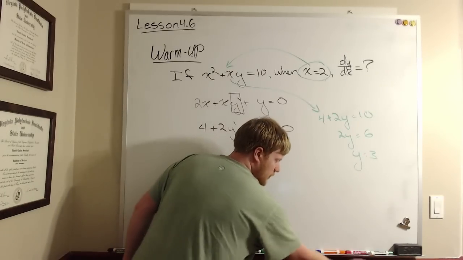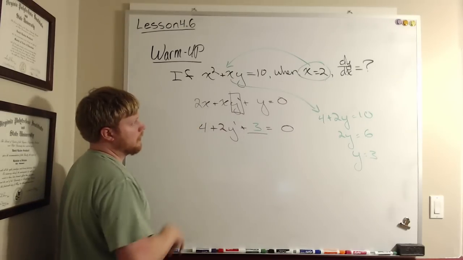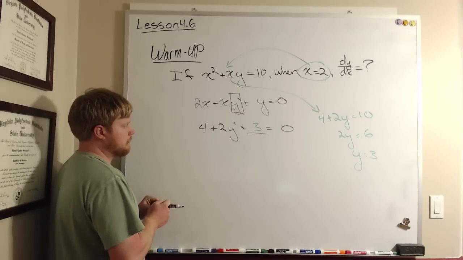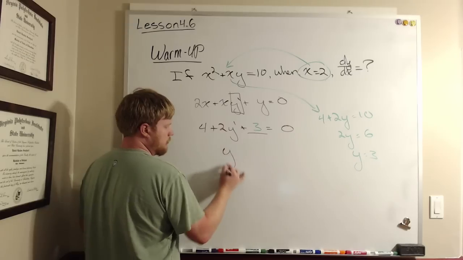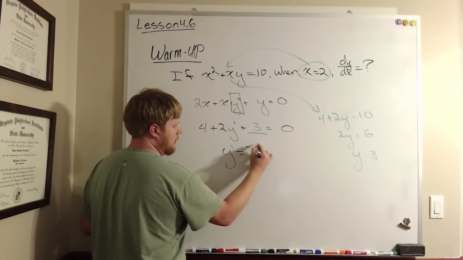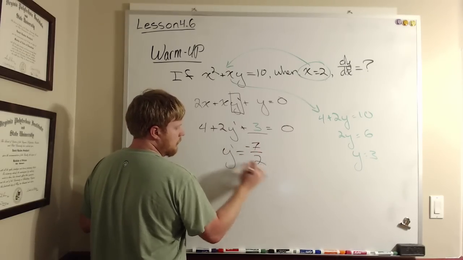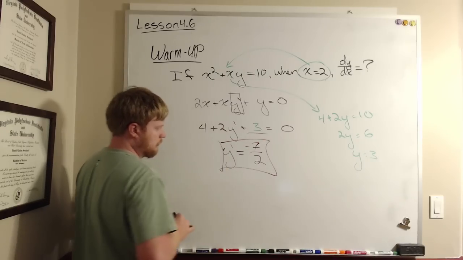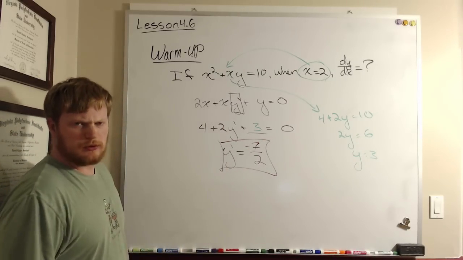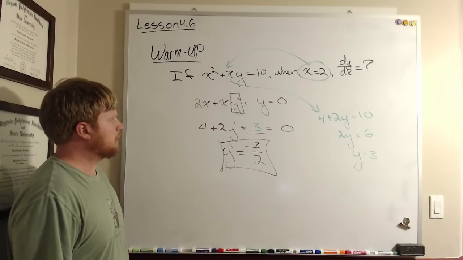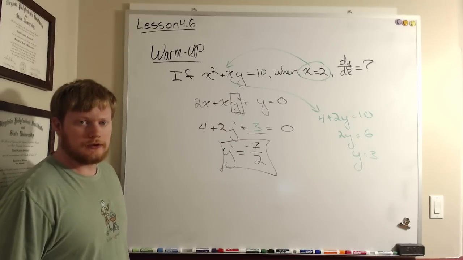So y is 3 when x is 2. And if that's the case, 4 and 3 is 7. Subtract from the other side, divide by 2. y prime must be negative 7 over 2. And it was a multiple choice question, but I made it a free response just by taking out the choices.